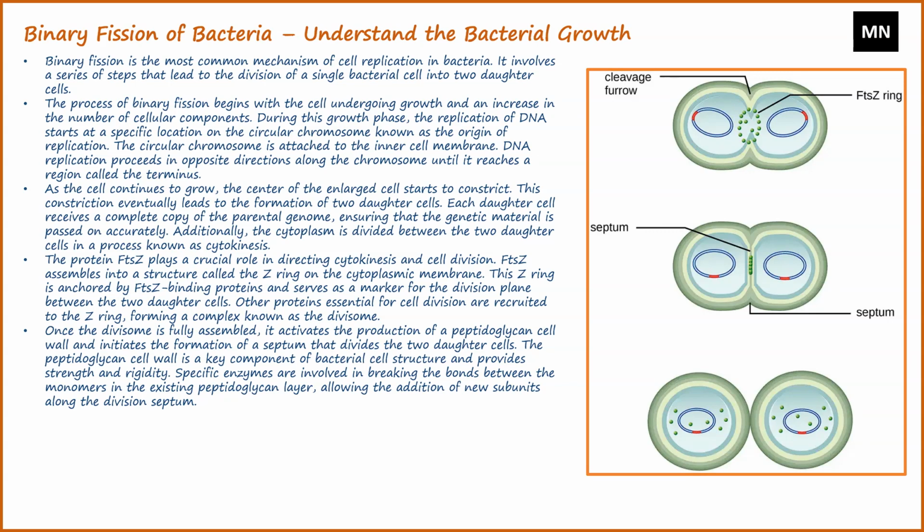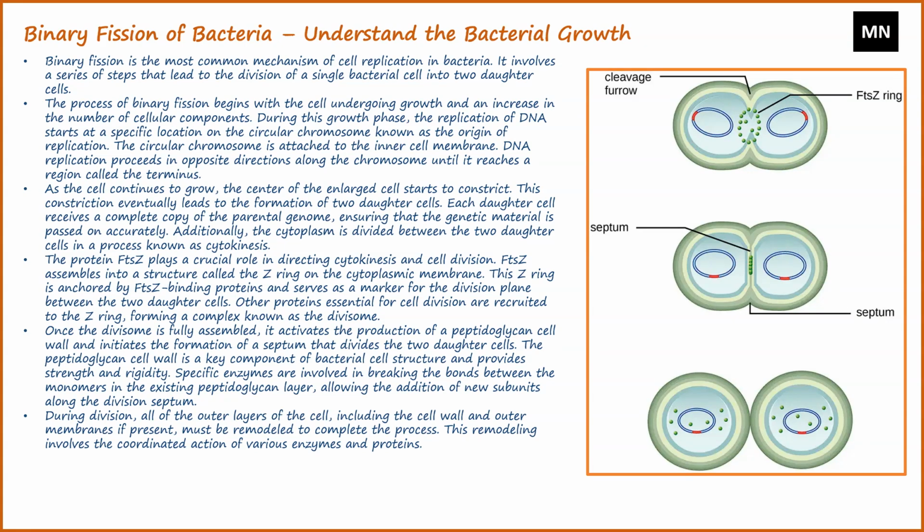The peptidoglycan cell wall is a key component of bacterial cell structure and provides strength and rigidity. Specific enzymes are involved in breaking the bonds between the monomers in the existing peptidoglycan layer, allowing the addition of new subunits along the division septum.